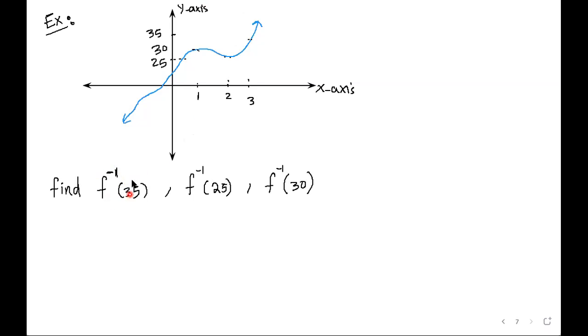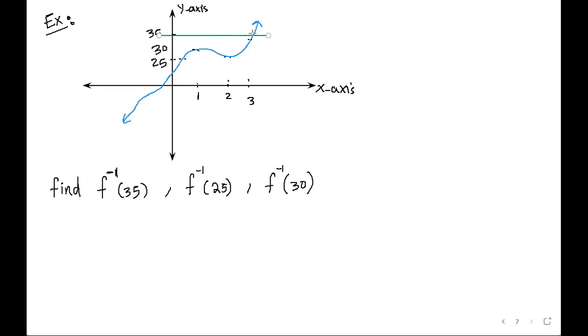When the question asks me what is the f inverse of 35, I have to go to the y-axis, look for 35, then find the x value for this value. To find the x value, I draw a horizontal line and check where it intersects the curve.